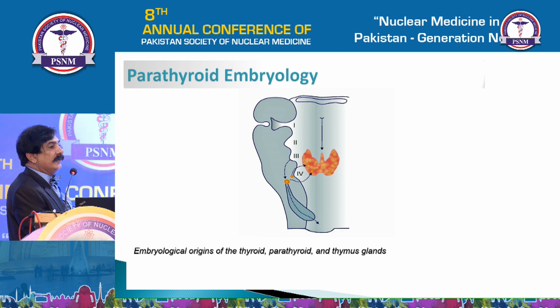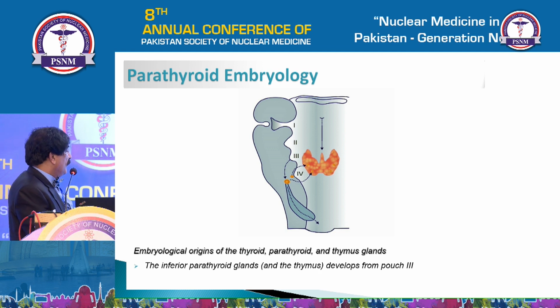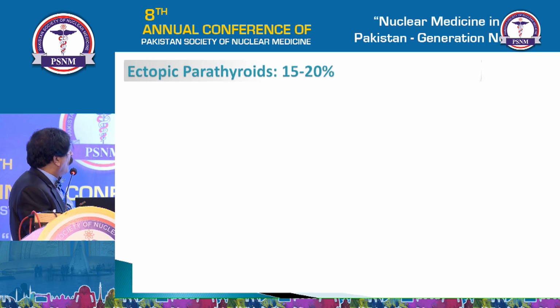The parathyroid embryology is important because of the ectopic location, the embryological origin of thyroid, parathyroid and thymus glands. The inferior parathyroid glands and the thymus develop from pouch 3, and they go along with the thymus downwards, whereas the superior parathyroid glands develop from pouch 4.